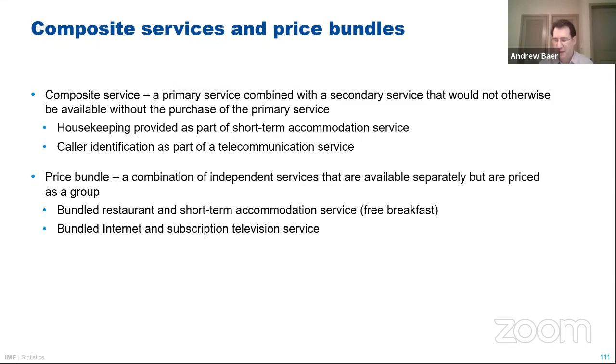If it's only people who stay in the hotel who can access the restaurant, then the meal would be a composite service. But because people who don't stay at the hotel can buy it, it's a price bundle. Internet and subscription television is often a price bundle, right? They're available separately, but they will offer it for a special price as part of a bundle.